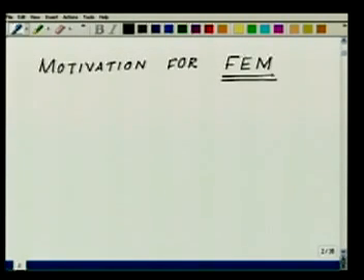Now, one thing that we had consistently followed was the regime of the Rayleigh-Ritz approach. That is, we had minimized an energy functional to obtain the coefficients of the series solution. Here we are going to change track a little bit, and we are not going to always try to derive the sets of equations from the minimization of an energy functional, because in many engineering problems, an energy functional or a corresponding functional may not exist.